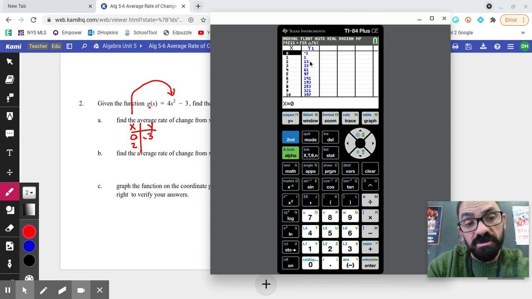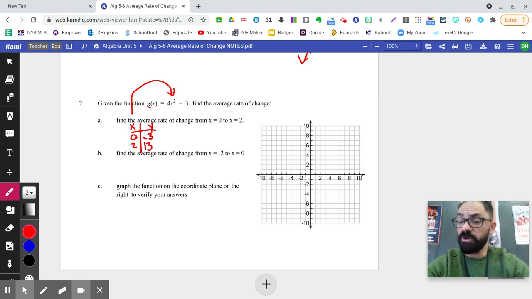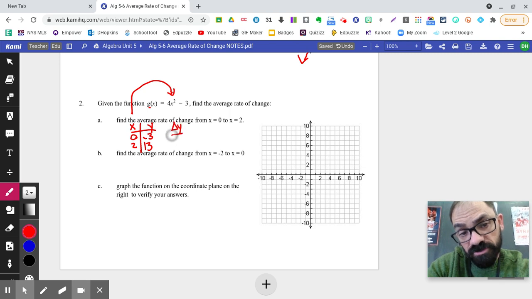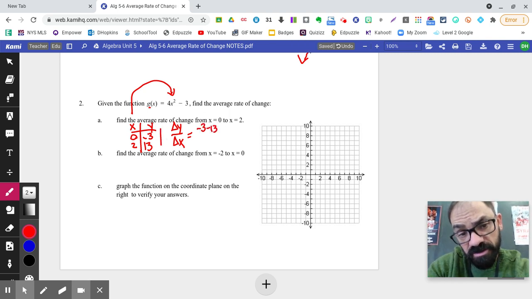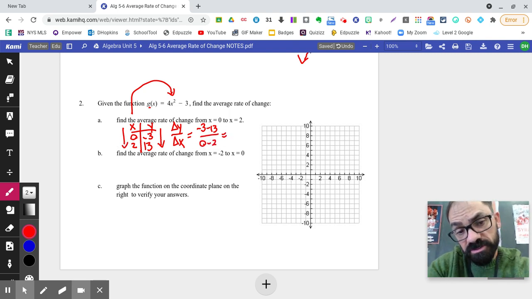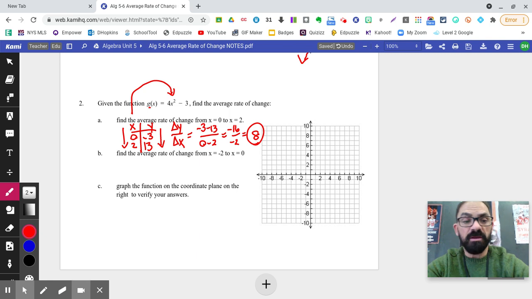So I can just not really cheat, but let the calculator do the work for us. How's that? So change in y over change in x, finding the rate of change. Negative 3 minus 13. Again, I subtracted that way, so let's subtract this way. Negative 3 minus 13 is negative 16 over negative 2, which equals 8.